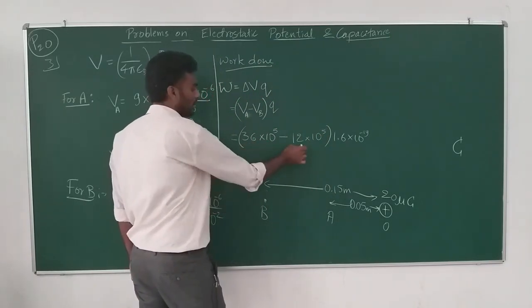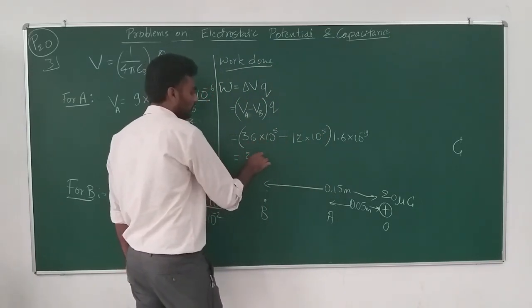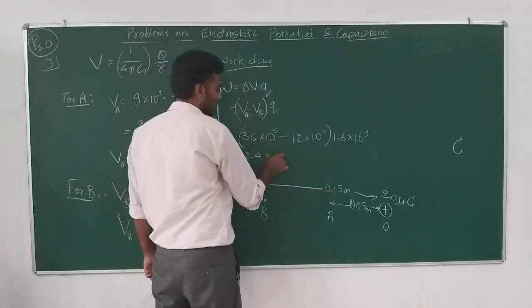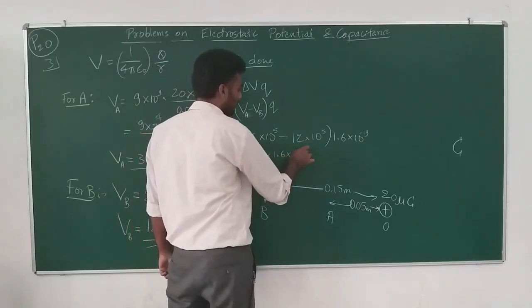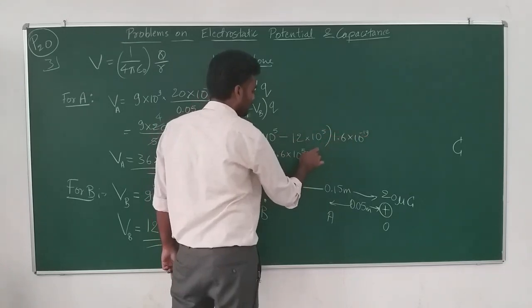So 36 minus 12 is 24, into 1.6 into 10 to the power of 5 minus 19.